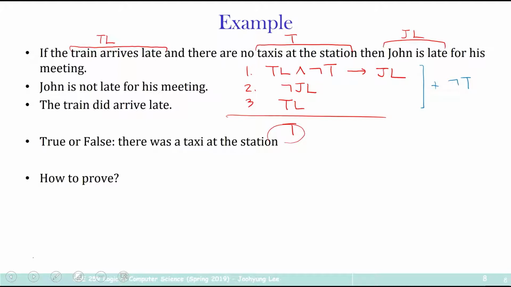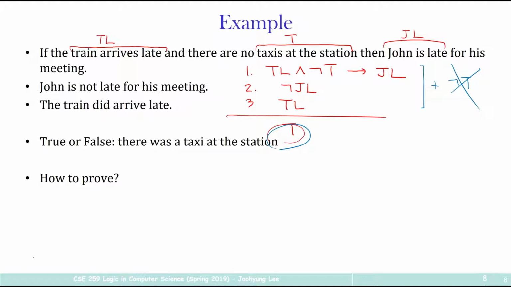These two cannot be true at the same time. So, contradiction. Where this contradiction comes from is because we assume arbitrarily that there was no taxi at the station. This is the culprit. So in that proof, we say that this is actually false, because once you assume that, there's an inconsistency. So you conclude that actually there was a taxi at the station. That's actually what you do in reasoning, right?